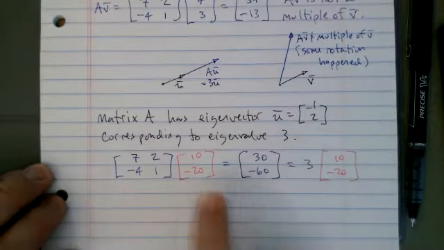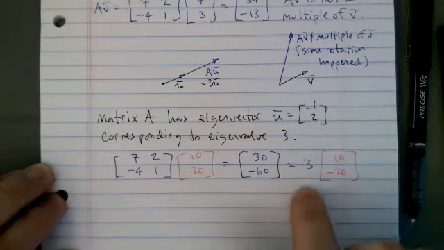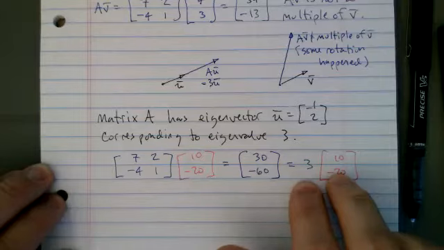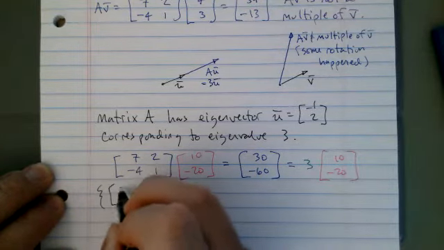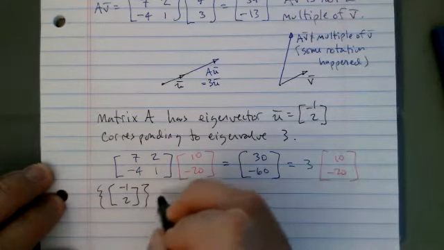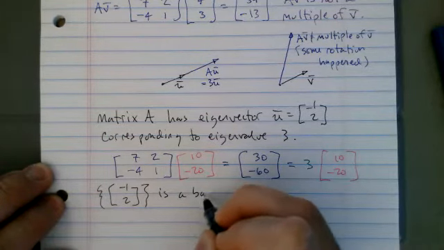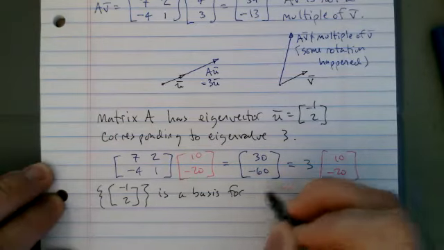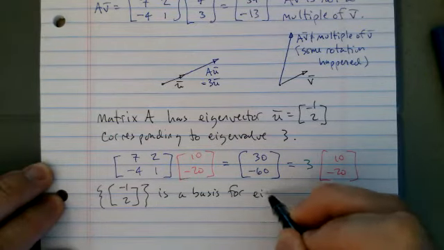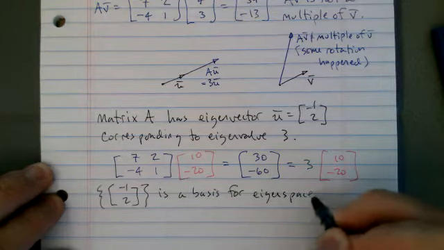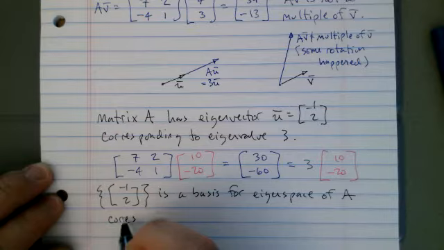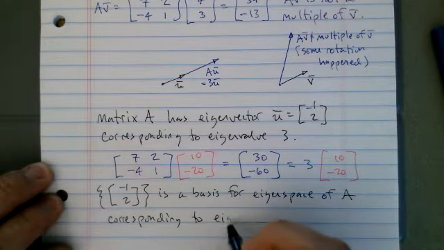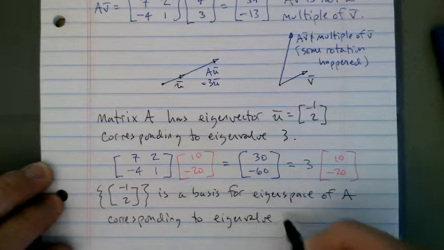Since I can take any multiple of (-1, 2) and just end up with 3 times what we started with, (-1, 2) is a basis for the eigenspace of A corresponding to eigenvalue 3.